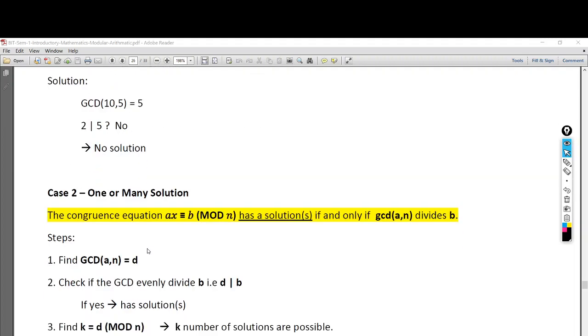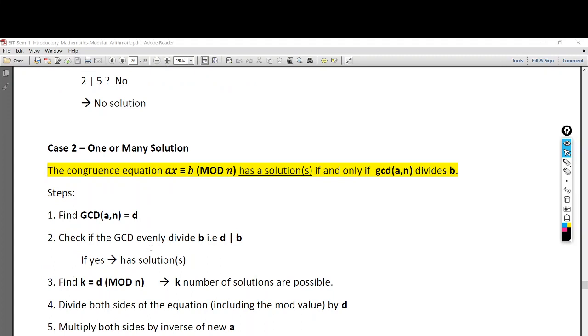Now let's move on to the scenario where we really have to solve it. Now you know that when the GCD of a and n divides b, the equation is going to have one or more solutions.